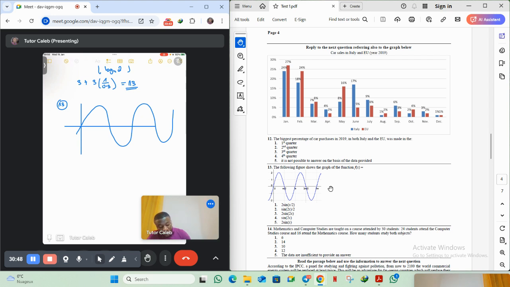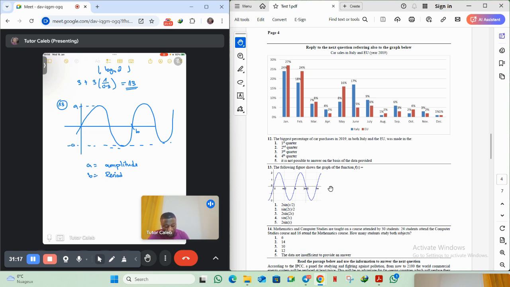Now, this value here, let's say this is a, this is minus a. A here represents the amplitude of your graph, while a cycle of the graph represents your period. This is the period. Let's say B here is your period.